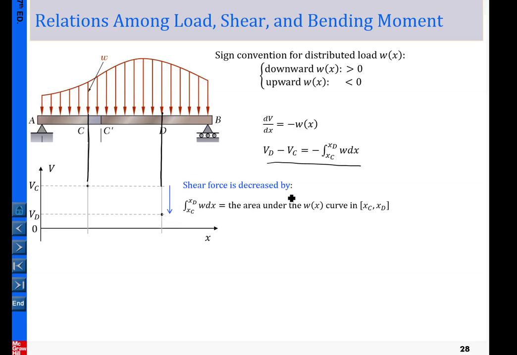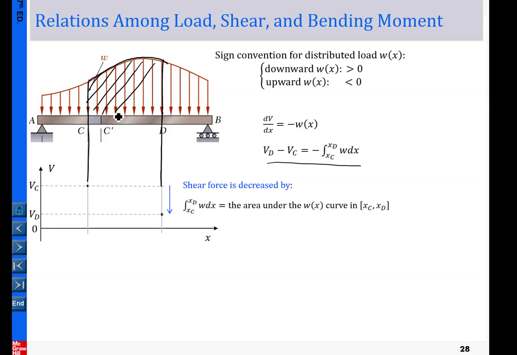That decrease is equal to the area under the W curve. This is the curve in the segment we are interested in, so this is the area.